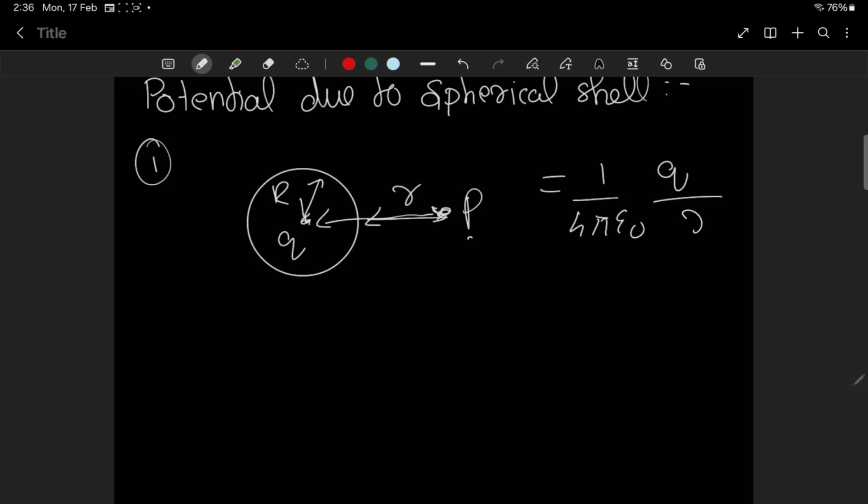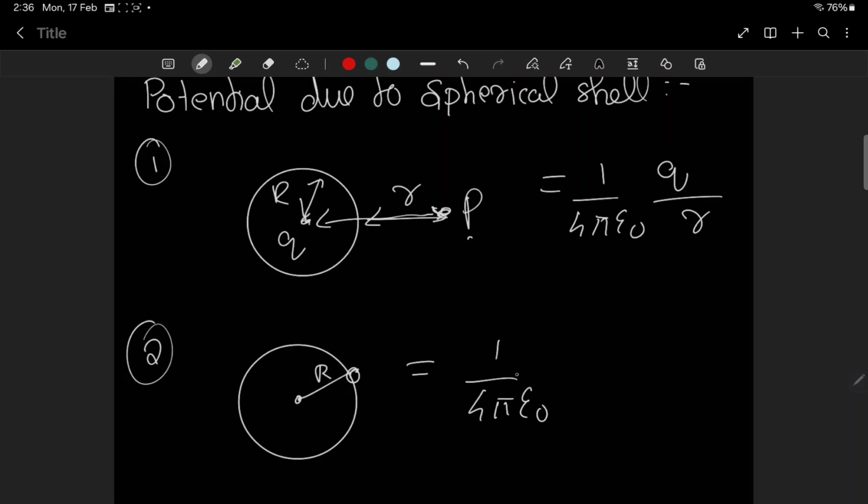If it is on the surface, it will be 1 by 4 pi epsilon 0, Q by capital R.